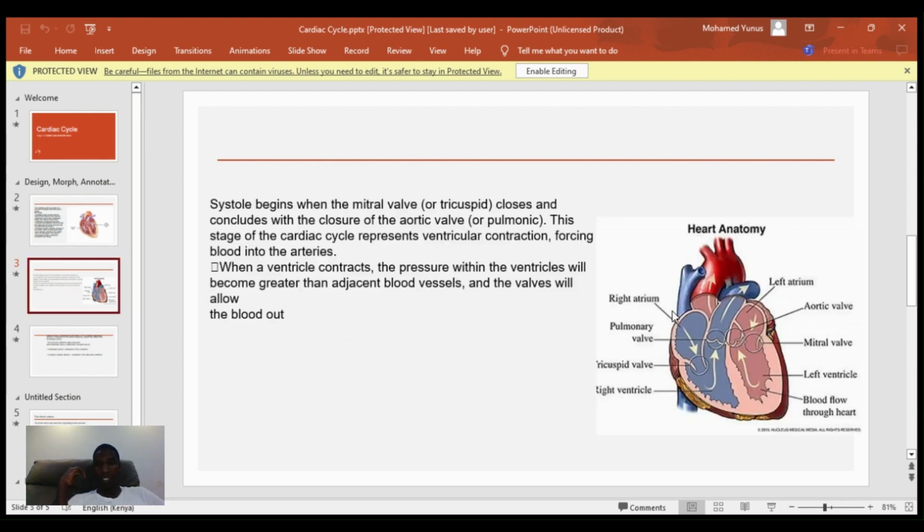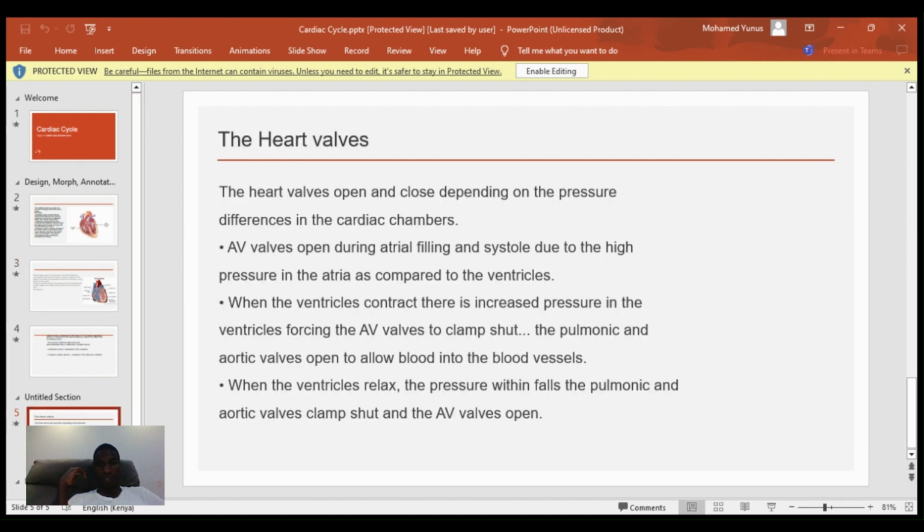When there's high pressure in the right atrium and the left atrium, it will force the valves open. It will force this valve open to allow blood into the ventricles. Then let's go back here. AV stands for atrioventricular valve.